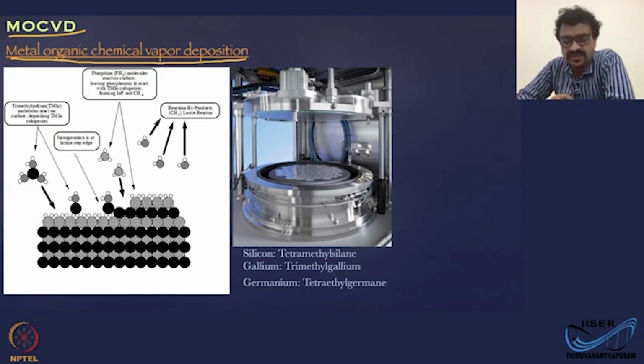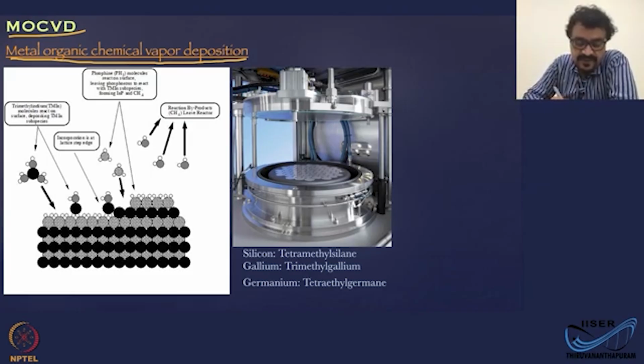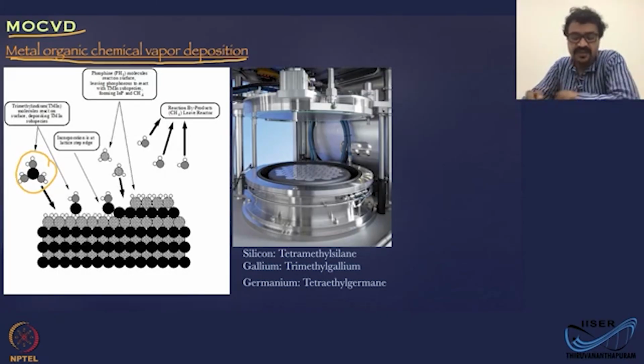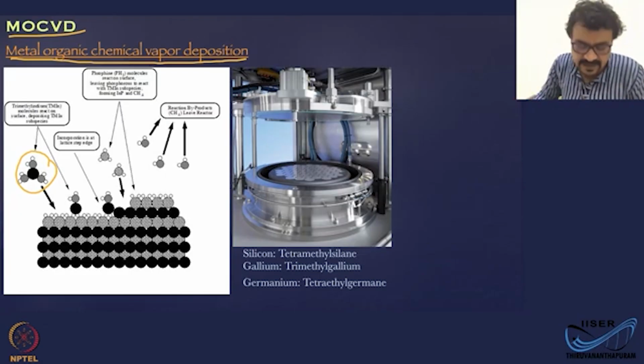This is a CVD process, a chemical vapor deposition process, but it is a reactive process where you have the volatile organic compounds of the species that you want to deposit. In this case, the illustration here is that you are depositing indium phosphide. So what you have is indium and phosphorus layers.